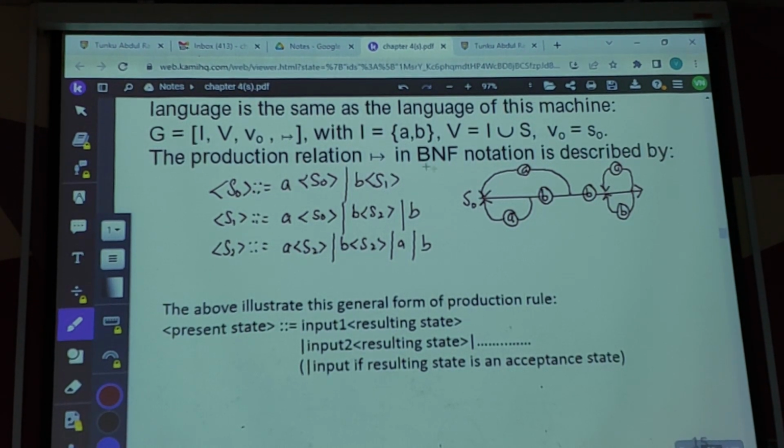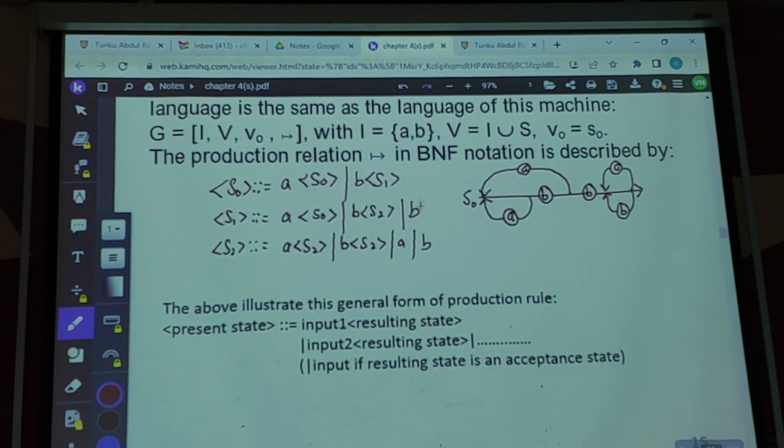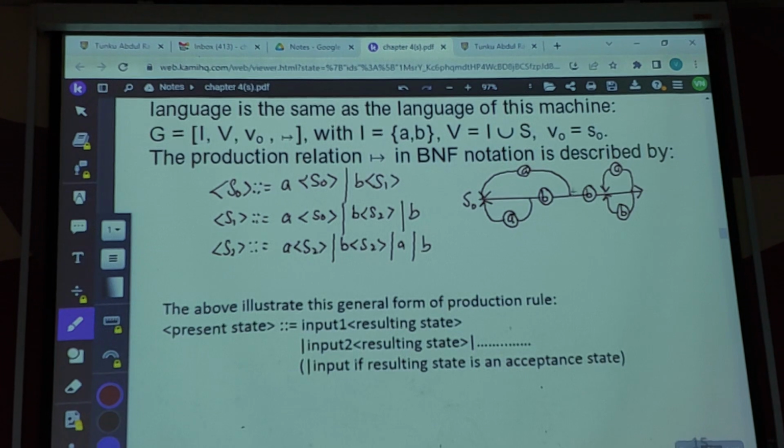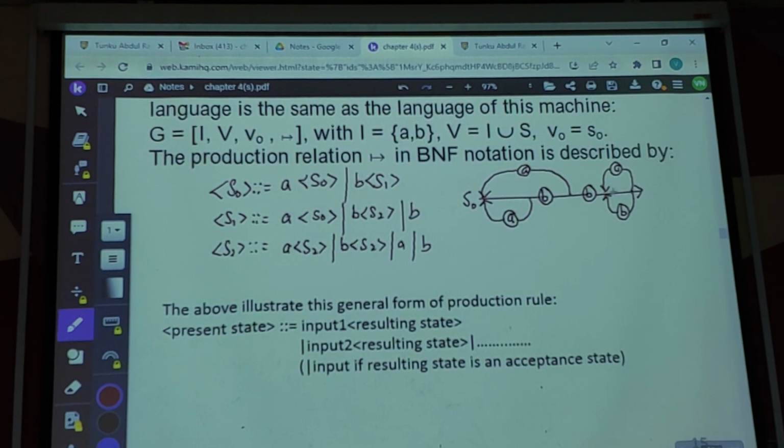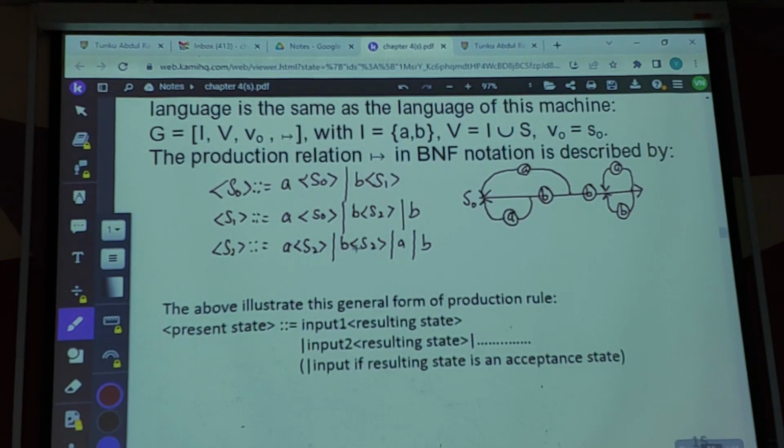And then if you want to terminate after the B, then you can straight away go out. After the B, straight away go out. And at the S2 itself, which is after the B, you can have a loop back to S2 itself. Either you loop the A or you loop the B.